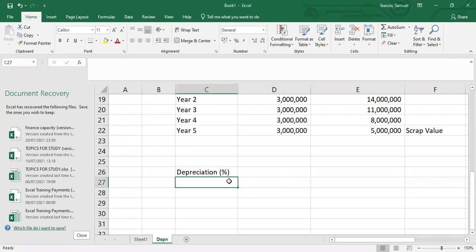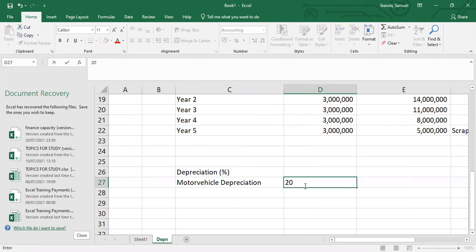So they will say motor vehicle depreciation. They will give it, let's say, 20% on cost. You get it?